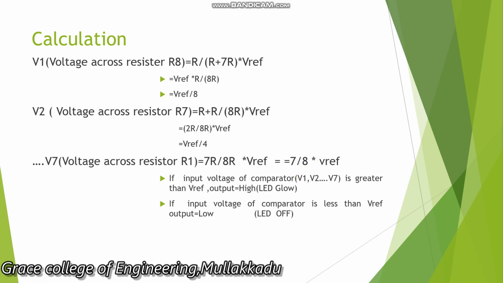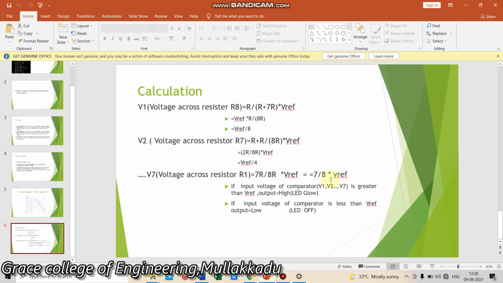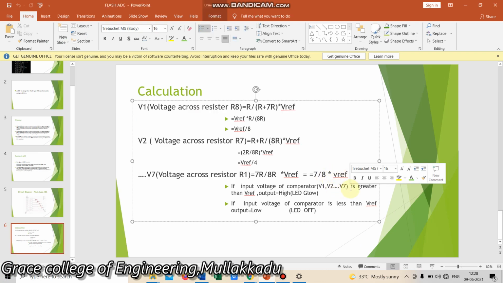If the input voltage of the comparator is greater than the reference voltage, then the output will be high. If the input voltage of the comparator is less than the reference voltage, then we take it as low, and the LED will be off.